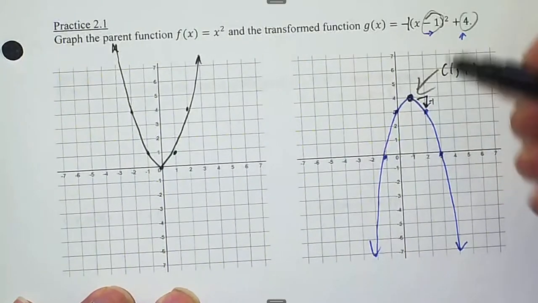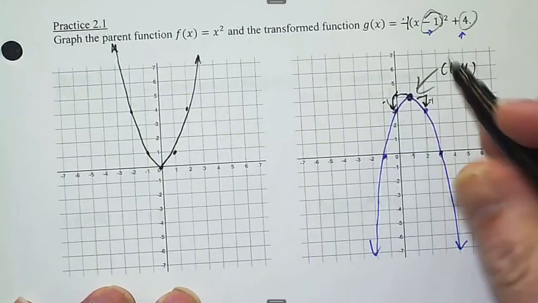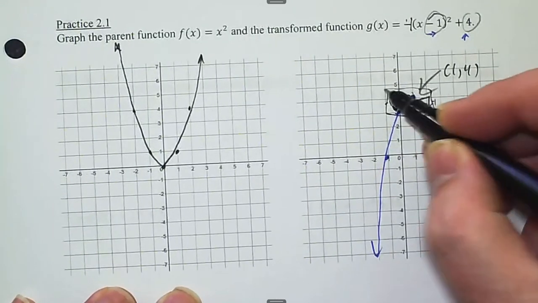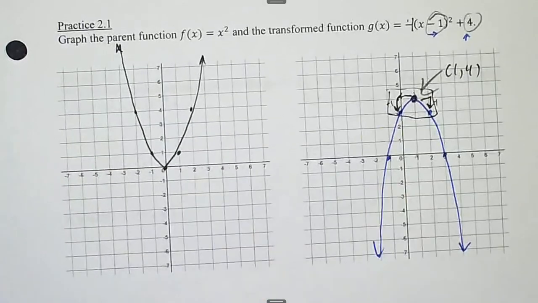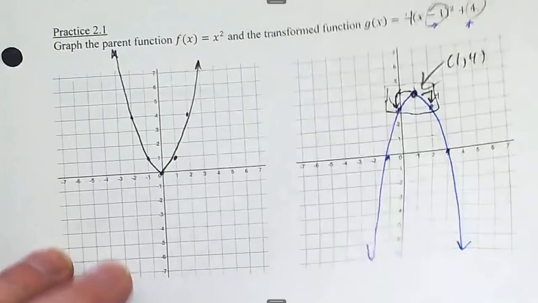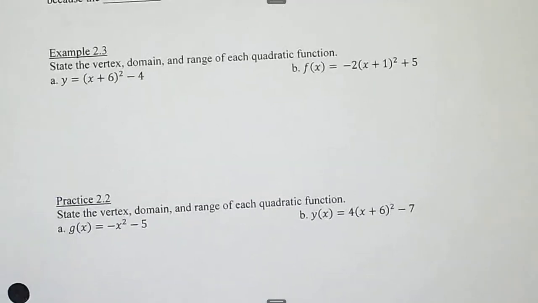To the left 1, I go down 1. And that gives me, so I can see all 3 of those points from the vertex form, which is usually enough to get a good sketch, right? So you can see how we're going to move towards not doing all the points like I just did there, but by doing just what is necessary to get the shape.